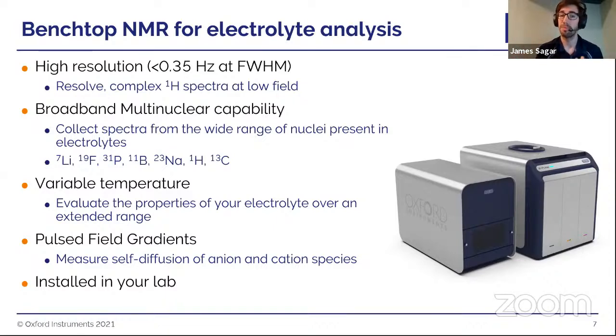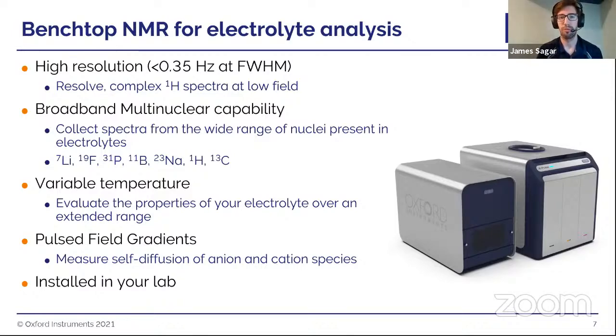That means that we can collect spectra from a wide range of nuclei present in electrolytes: lithium, fluorine, phosphorus, boron, sodium, hydrogen, and carbon. We can equip that instrument with a variable temperature system to evaluate those electrolyte properties over an extended temperature range. We have pulse field gradients to measure diffusion, and it can be installed on the bench in your lab.